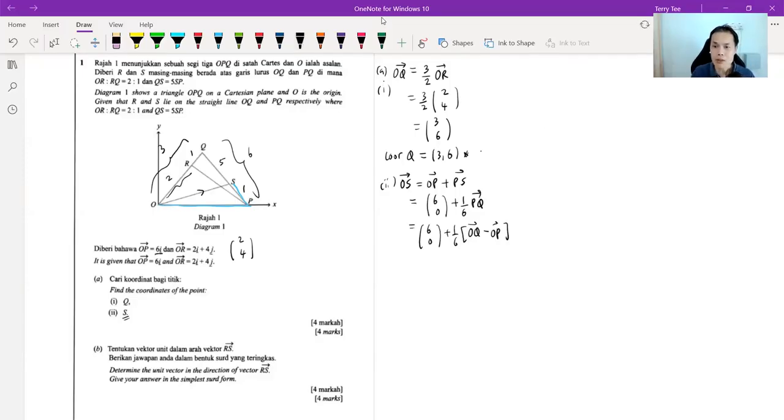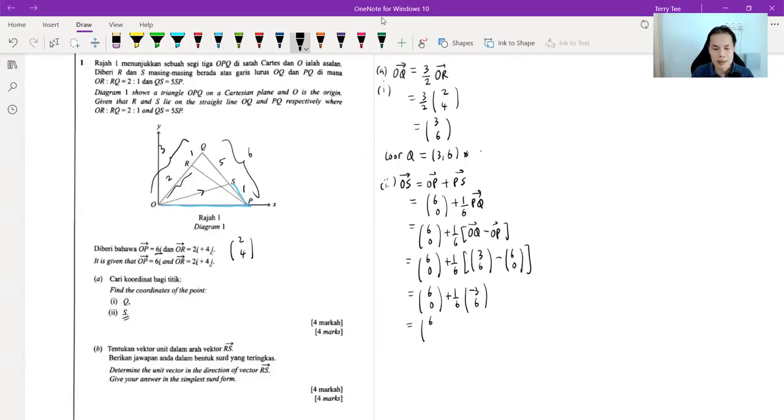All right. So let us put OQ inside, since we already know vector OQ from the earlier part, 3, 6, and we know vector OP is 6, 0. So we put them together. This is 6, 0 plus 1 over 6 of 3 minus 6, which is negative 3, and 6 minus 0, which is 6.